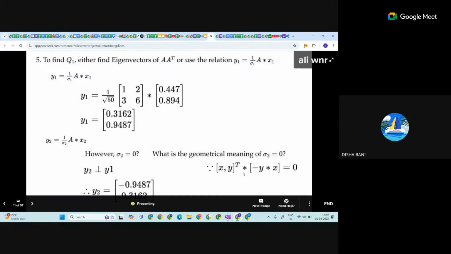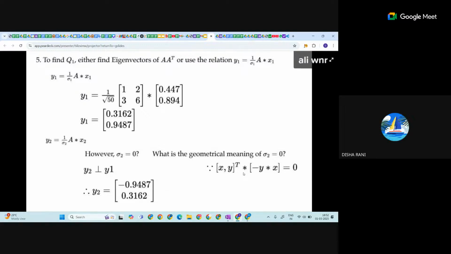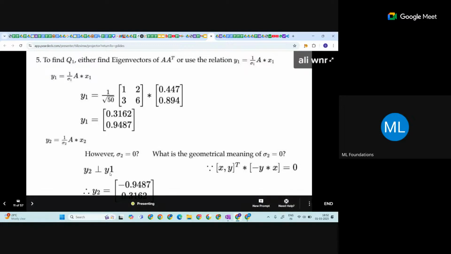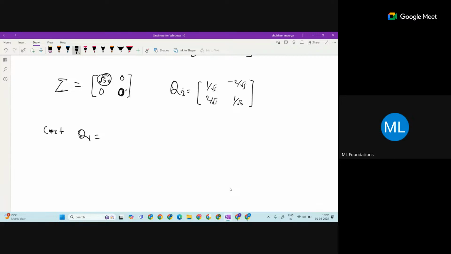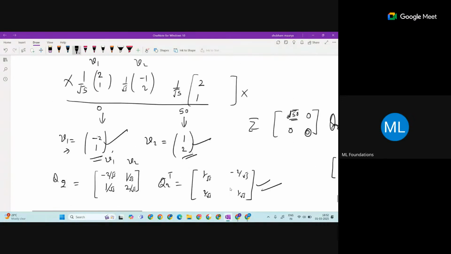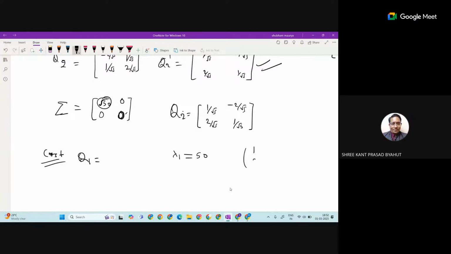Okay, let me write it here. We want to construct Q1. We have the eigenvector for 50, which is 1 2, and we have normalized it already.